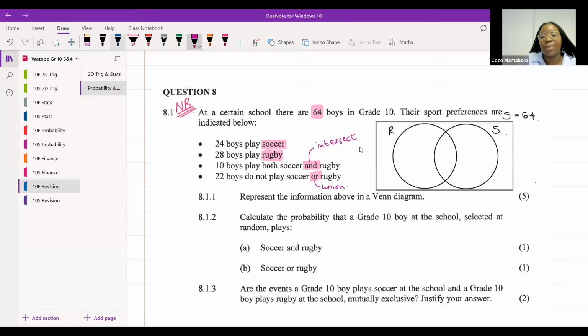All right, so let's see what they say here. They say 24 boys play soccer. So we know that the whole of soccer must equal 24. We know that 28 boys play rugby. So the whole of these boys need to play rugby, right? No worries, Amachelang, you're very welcome. Now it says 10 boys play both soccer and rugby. Where does this 10 go, peeps? Where do I put this 10 that says soccer and rugby?